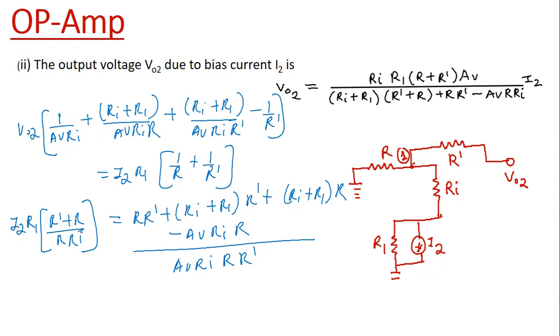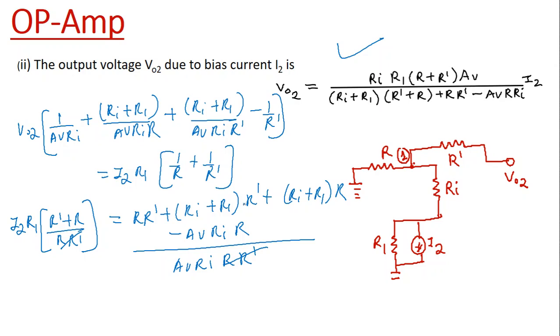Now this R dash and this R dash get cancelled out, and after cross multiplying we get this type of equation. Here we are seeing that in the numerator R plus R dash is there, AV is there, Ri is there, and R1 from this I2 R1 is there. So I2 is also there.